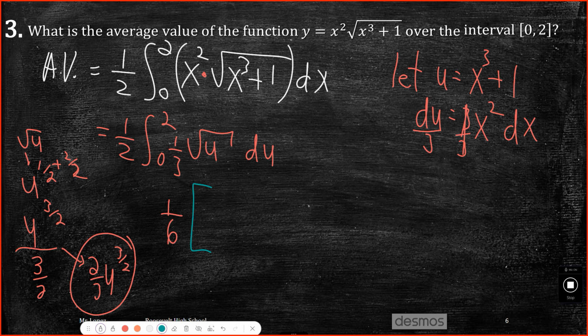But hold on, we still have this 2/3. There's 2/3 here. u is this, x cubed plus 1, to the 3/2. Evaluate it from 0 to 2.